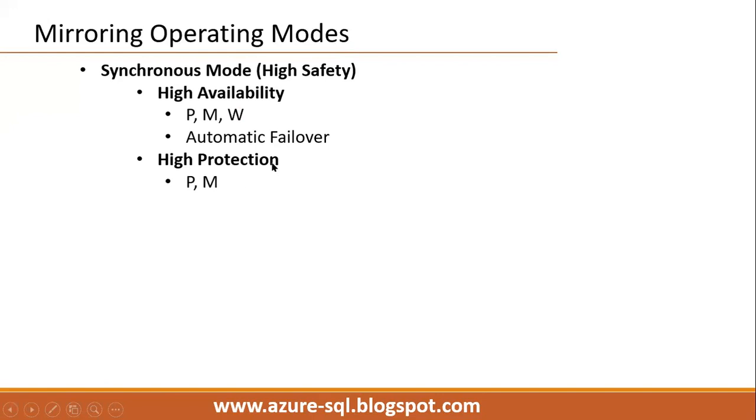So if the witness server is down unexpectedly, it will change to high protection mode, where we have only principal and mirror servers.